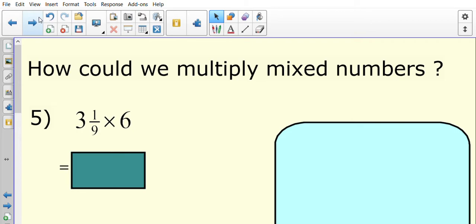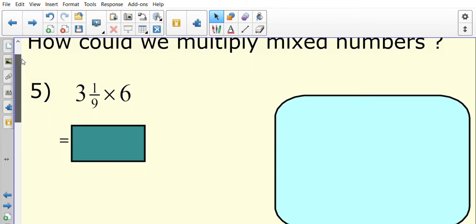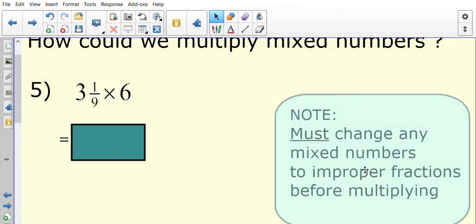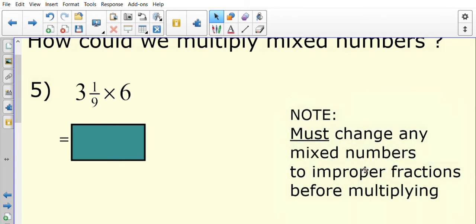Now, what happens if we have mixed numbers, which we do in this instance? We've got 3 and 1 over 9, and that needs to be multiplied by the whole number 6. Well, what we have to do is change any mixed numbers to improper fractions before multiplying.